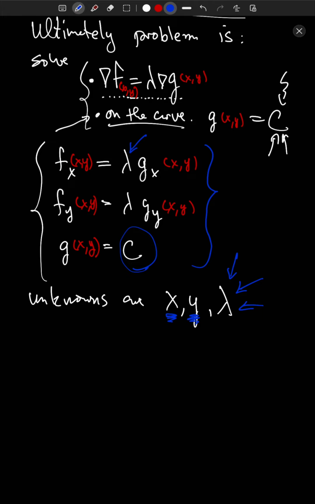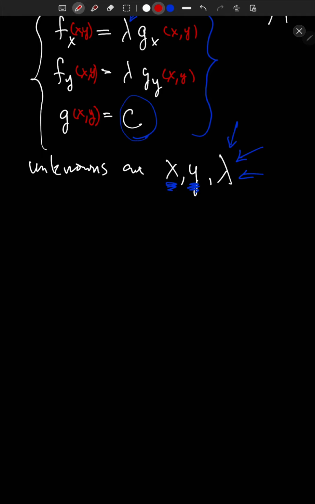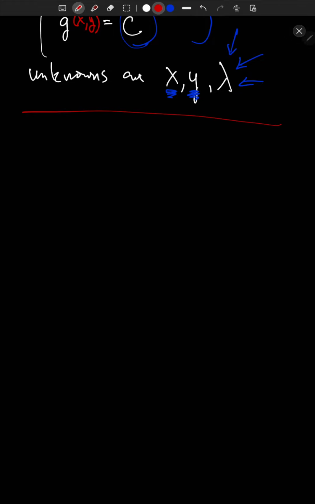Let me draw a picture for what we're looking for, and then we'll do an actual concrete example. So in terms of the picture, let's say this is the curve that we're interested in. This is a picture in the xy plane, in the domain of my function.